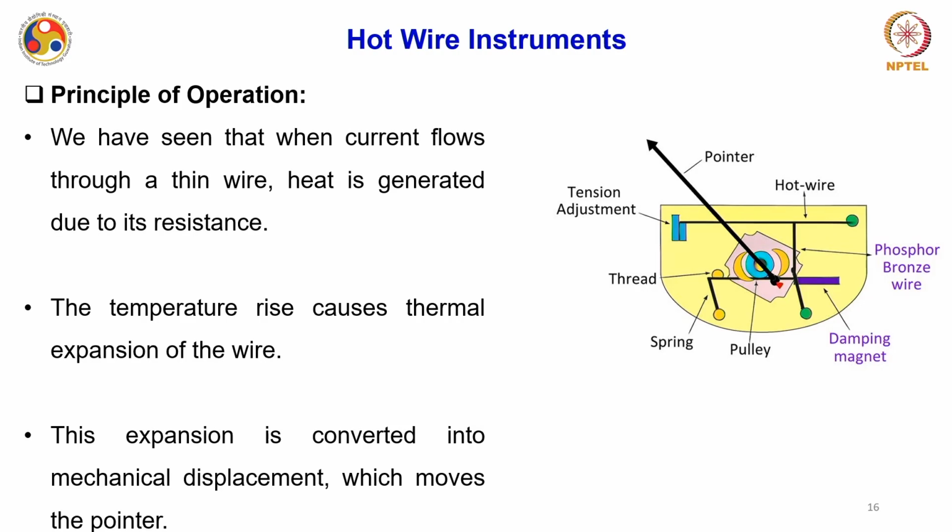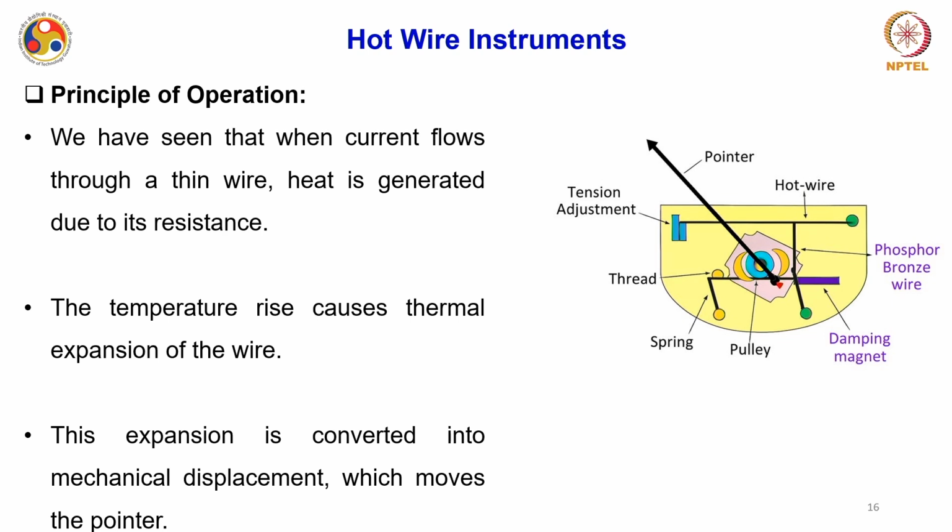Okay. So we have seen that when current flows through a thin wire, heat is generated due to its resistance. And the temperature rise causes a thermal expansion of the wire, the delta L value, and this expansion can be utilized to convert into a certain mechanical displacement.